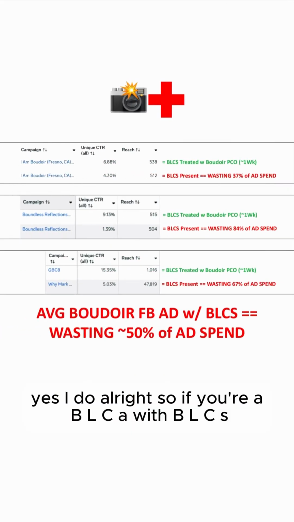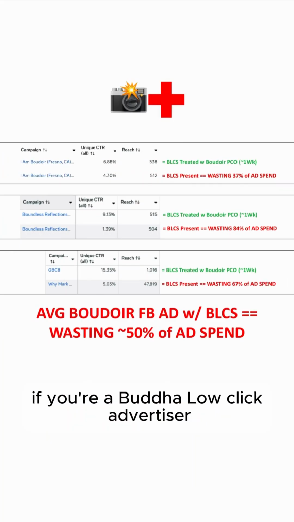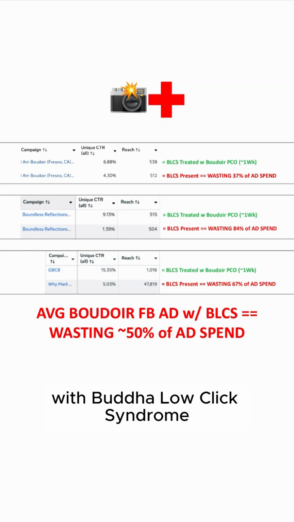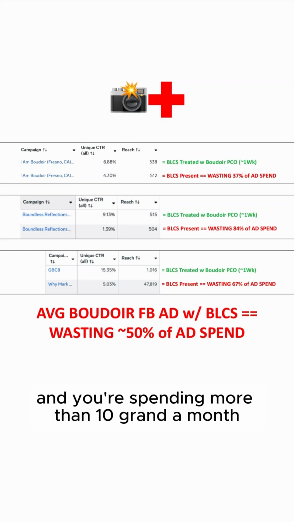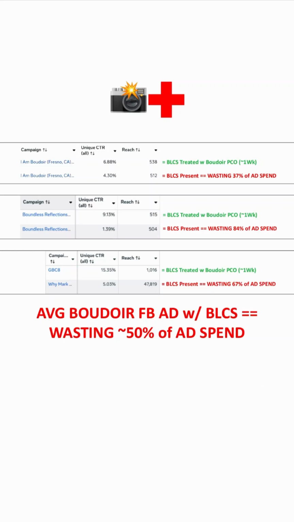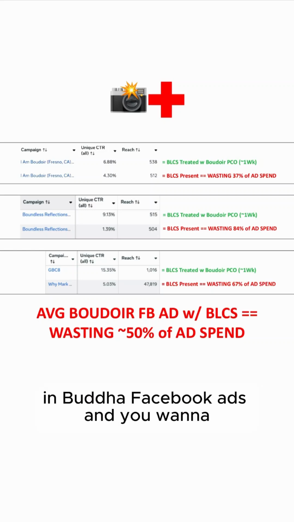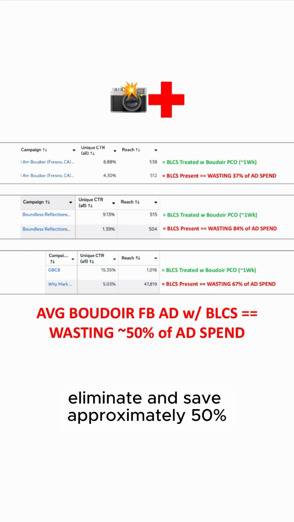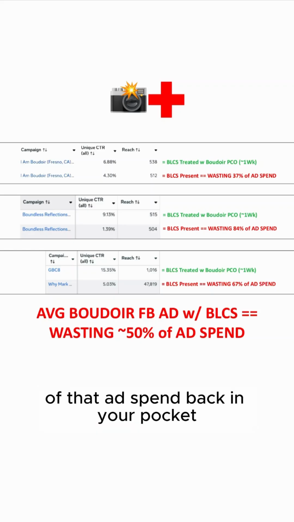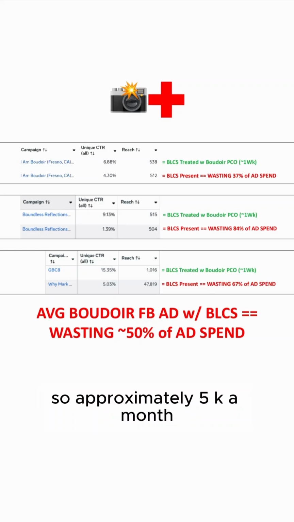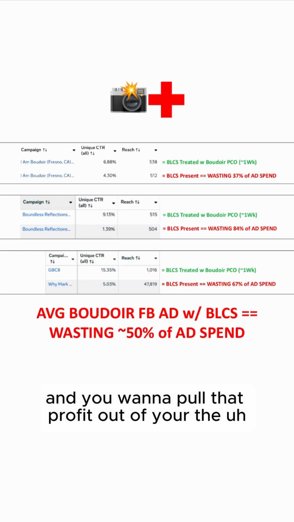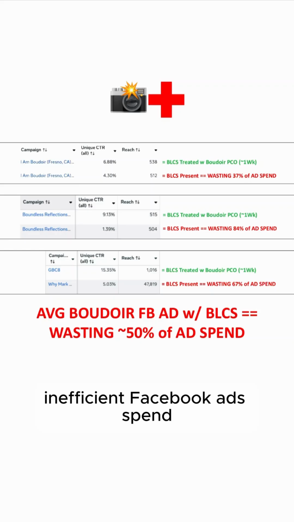All right, so if you're a BLCA with BLCS, if you're a Boudoir low click advertiser with Boudoir low click syndrome, and you're spending more than 10 grand a month in Boudoir Facebook ads, and you want to save approximately 50% of that ad spend back in your pockets, approximately 5K a month or 60K over the next 12 months, and you want to pull that profit out of the inefficient Facebook ad spend because you've already pulled it out for some other parts of the business.